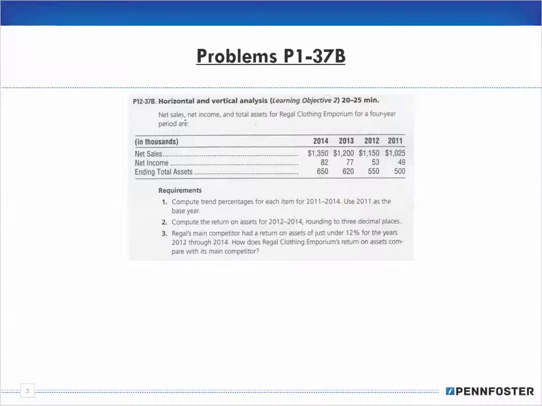Compute the return on assets for 2012 to 2014, rounding to 3 decimal places. And then Regal's main competitor had a return on assets just under 12% for the years 2012 through 2014. How does Regal Clothing Emporium's return on assets compare with its main competitor?